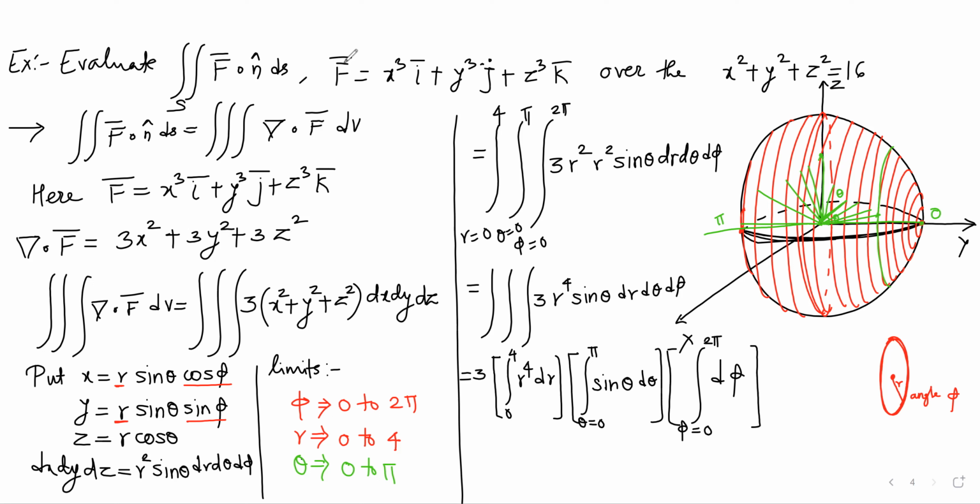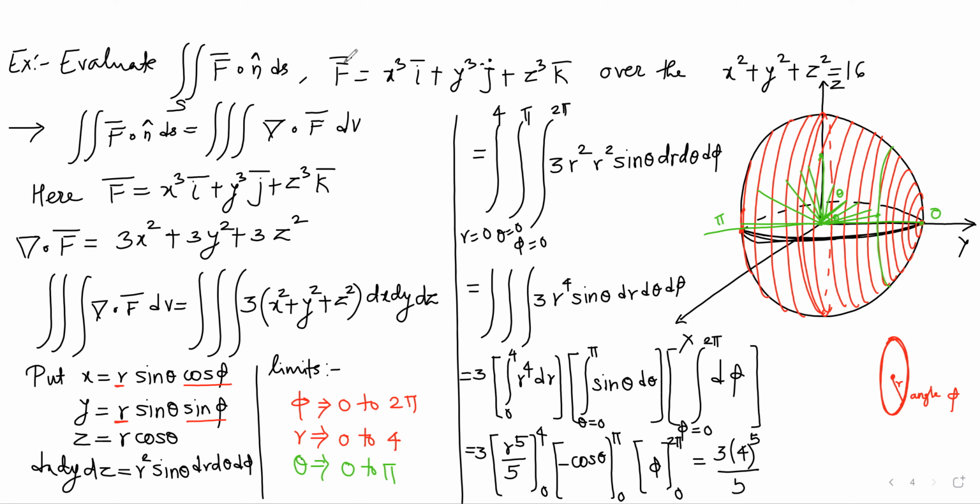Correct. And now we'll solve this. So 3 times r raised to 5 by 5, from 0 to 4. This is minus cos theta from 0 to pi, and this is pi from 0 to 2 pi. Now when you put the upper limit, we get 3 times 4 raised to 5 divided by 5 into minus cos theta.